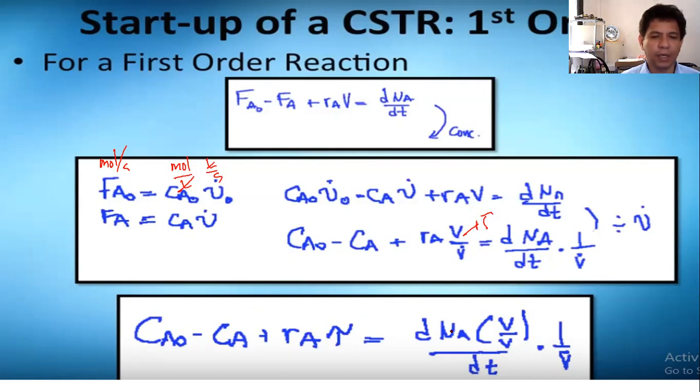Then we multiply the right side by V over V, just volume over volume, so that we can generate another tau on this side of the equation. I hope you're following the derivation.